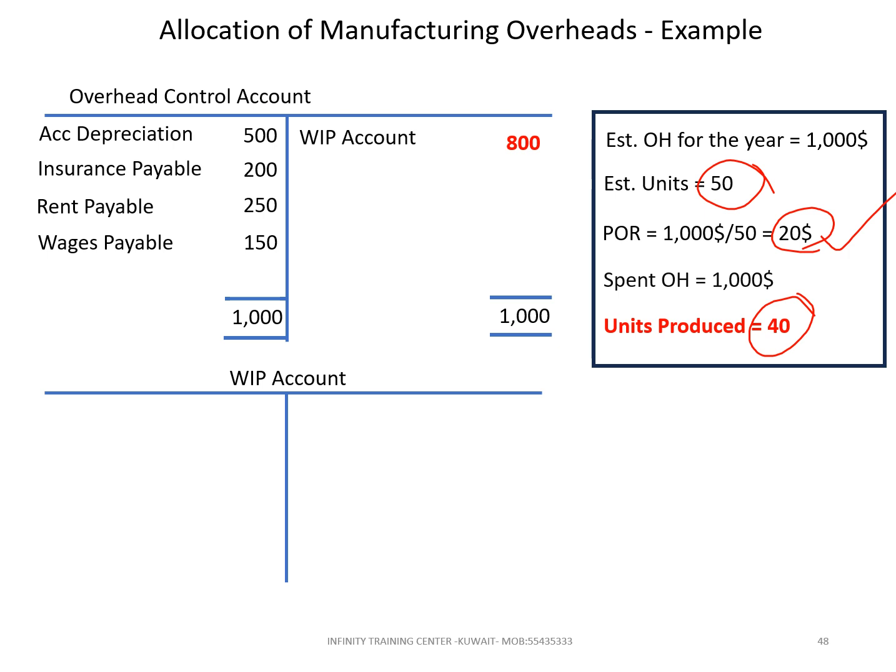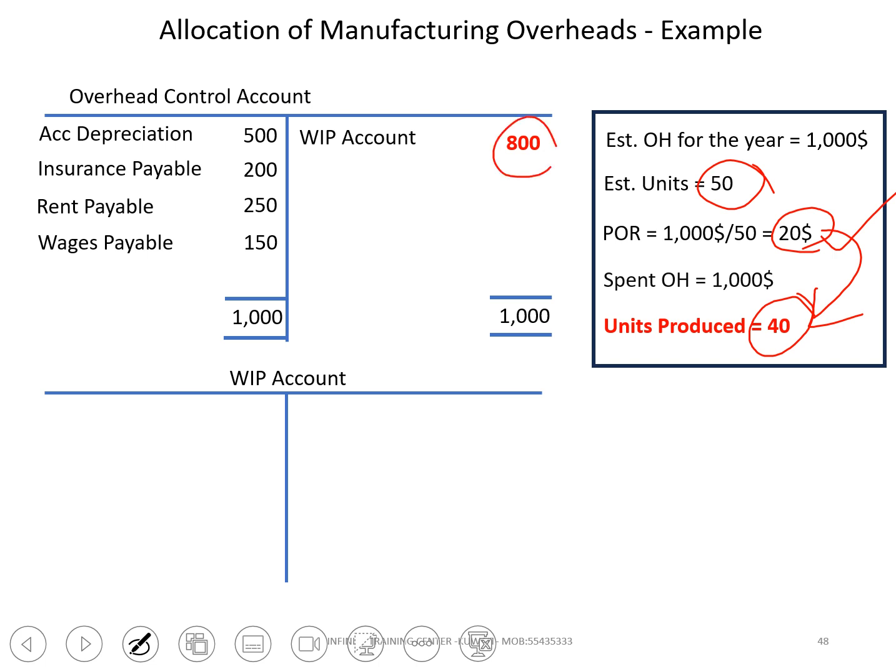In the work in progress, we will send only 800. How? We will take this $20 and multiply it by 40. So 40 into 20, 800 will go to work in progress.